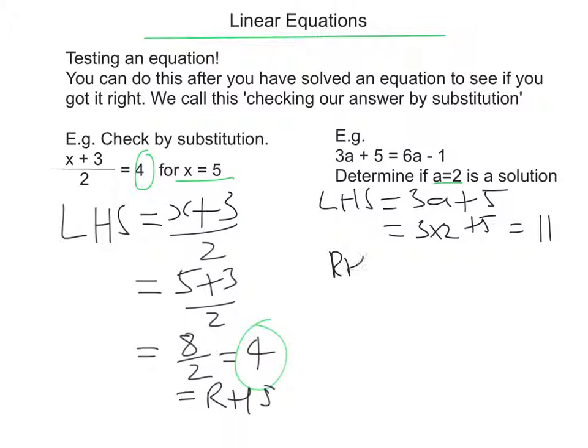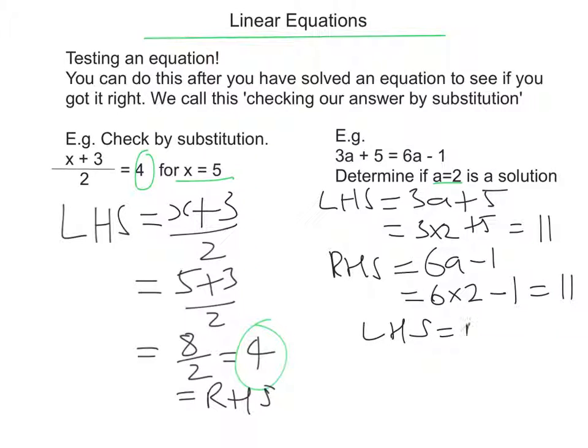The right-hand side is equal to 6a minus 1, which is equal to 6 by 2 minus 1, which is also 11. So then I can write left-hand side equals right-hand side, and I've shown or proven that a equals 2 is a solution.